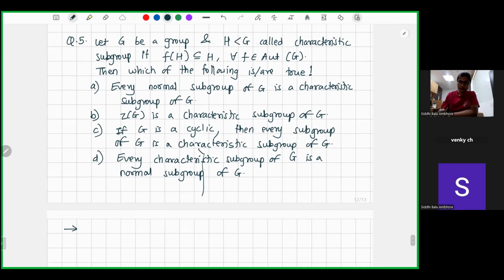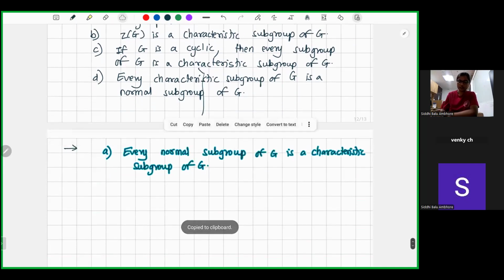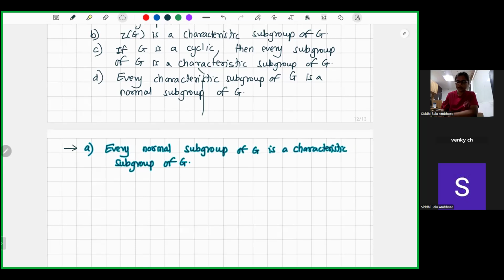So first statement, let me just copy paste it. Do you think it is true that every normal subgroup of G is always a characteristic subgroup of G?